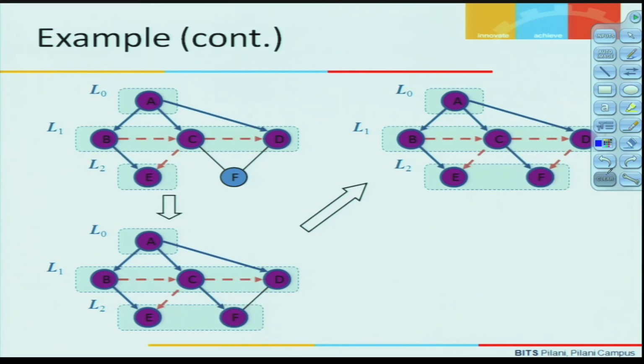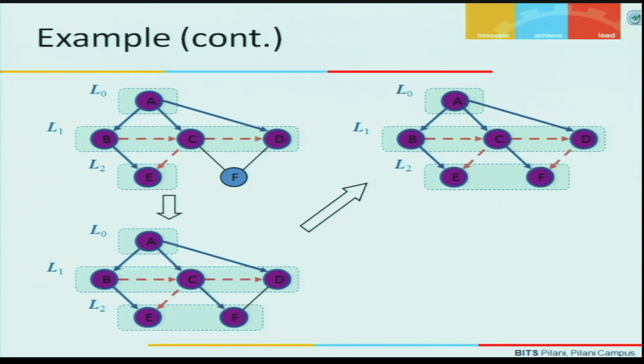So, finally, at the end you are going to visit all the vertices and you would have marked edges as discovery edges or cross edges. Cross edges are the edges between vertices which are at the same level with respect to the source.